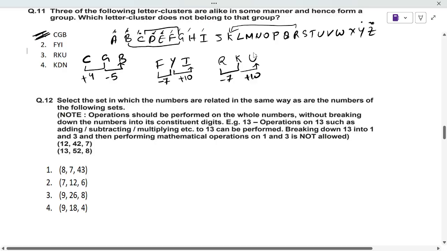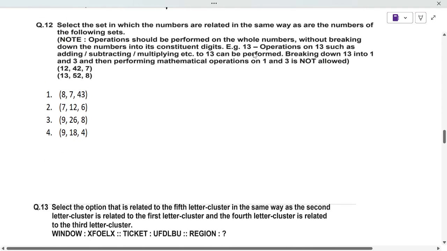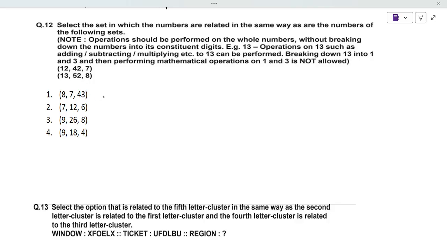Okay, next one. So we have 12, 42 and 7. That's a set, so we need to find the correct pattern again.